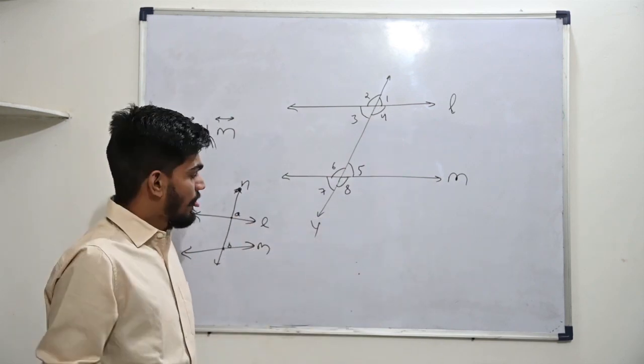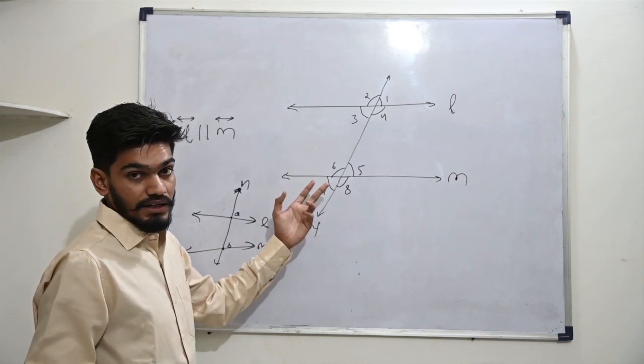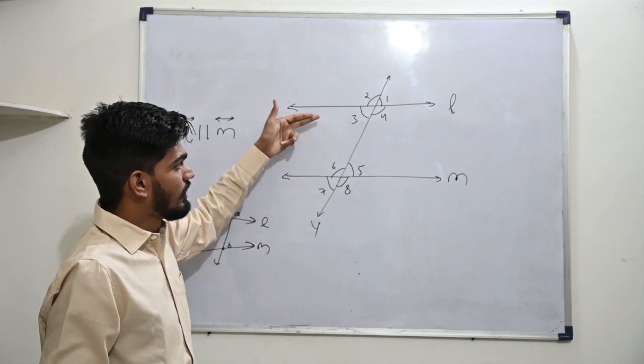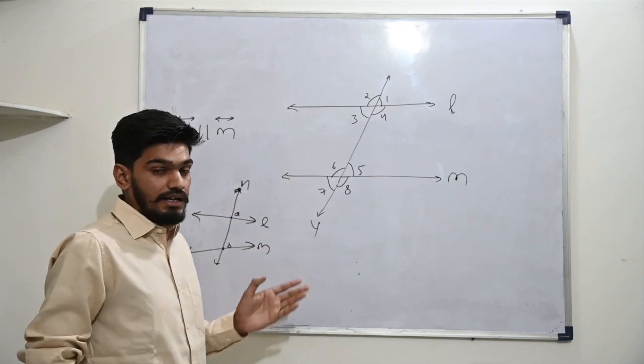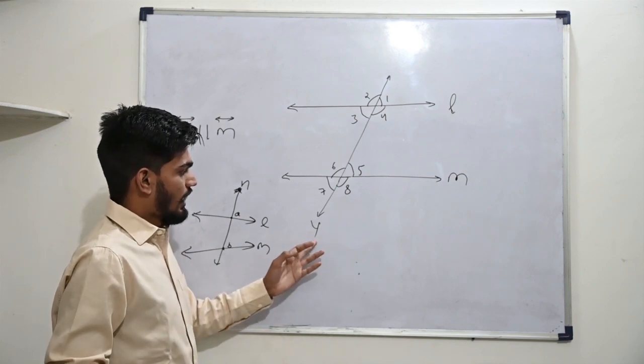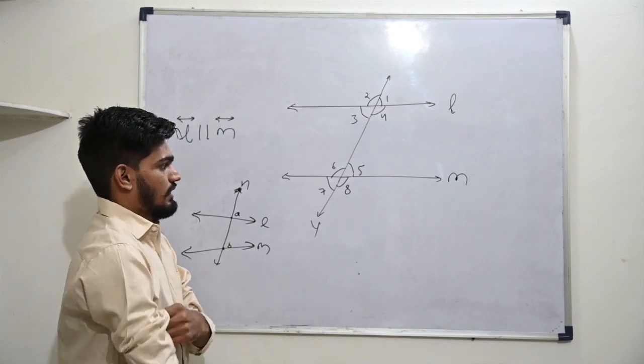So first of all, line Y will work as transversal line. It will be known as transversal line for line L and M. Now, there will be many angles which will be made when a line cuts two parallel lines. Alright. Now let's talk about them.